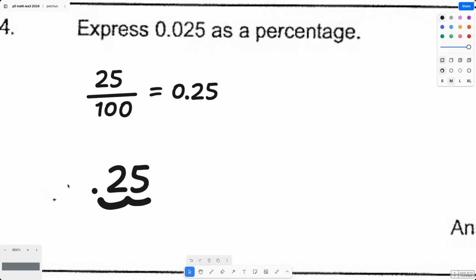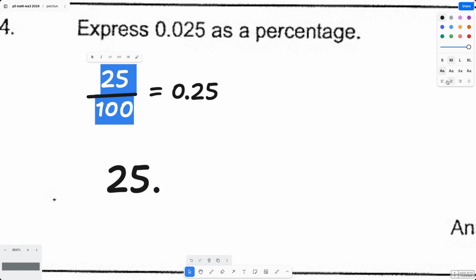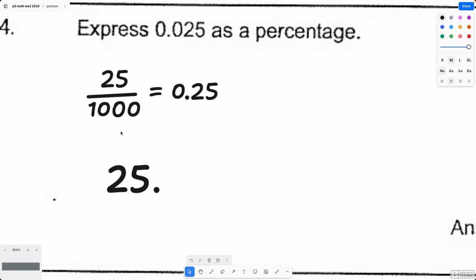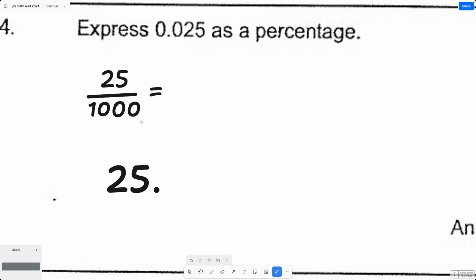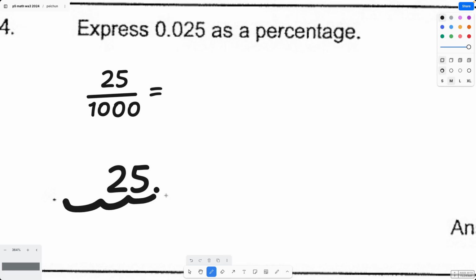So what we're gonna do is, what if we change the denominator to 1000 instead, right? So let's see if this is correct. Let's try and count the number of zeros. 1, 2, 3. So 3 zeros, right? So now we can just move the decimal place 3 times to the left. So 1, 2, and then 3. So now the decimal place will be moved over here. Since there's an empty space before the decimal place, we can put the number 0 here as well, right?